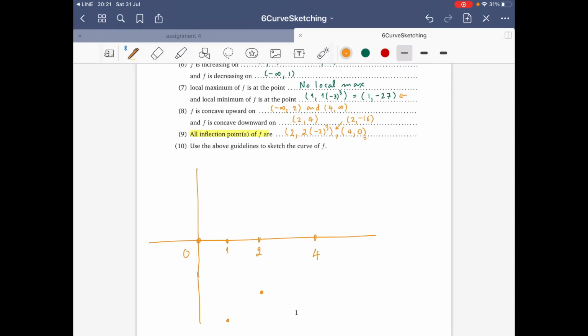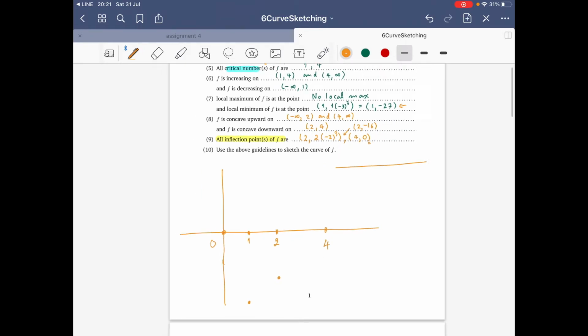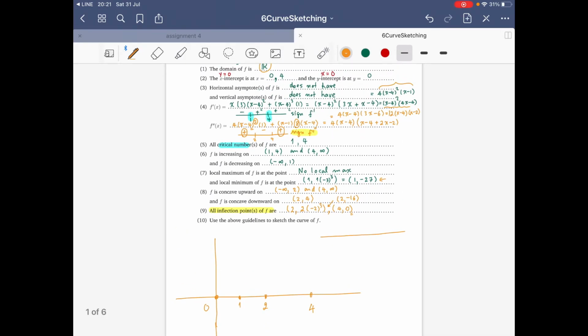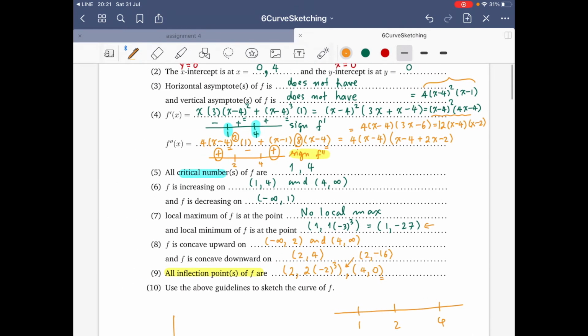So what does this mean? We have altogether the values involved will be 1, 2, 4, right? So if it is beyond 4, okay, it is concave up increasing. So increasing and concave up. In between 2 and 4, so it's still right here, right?